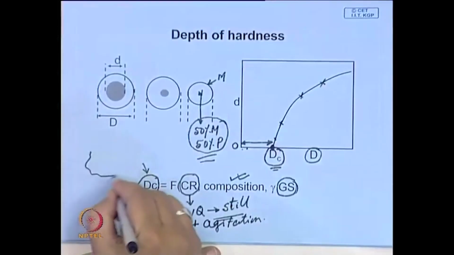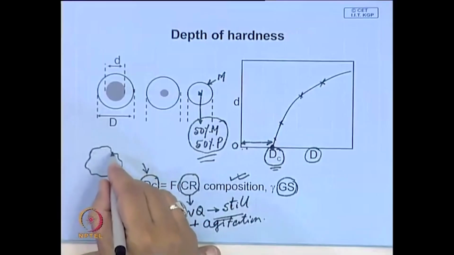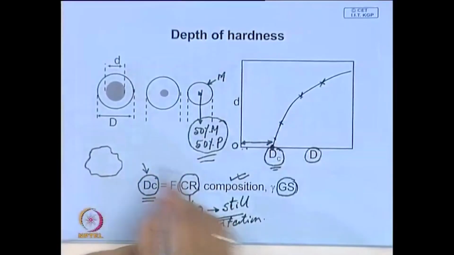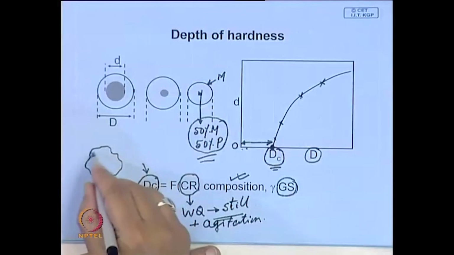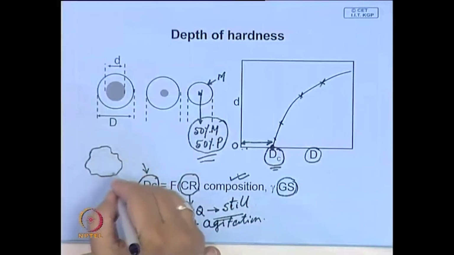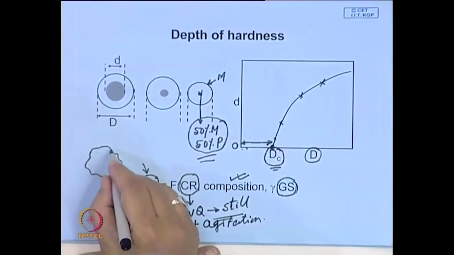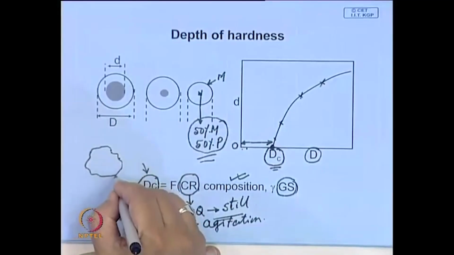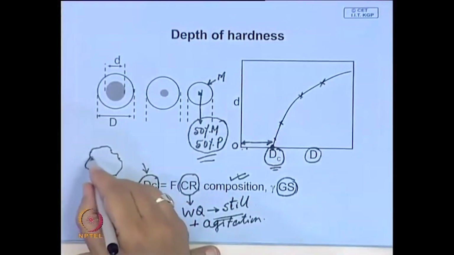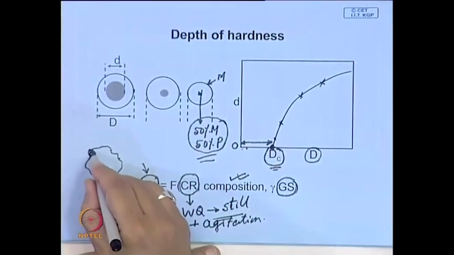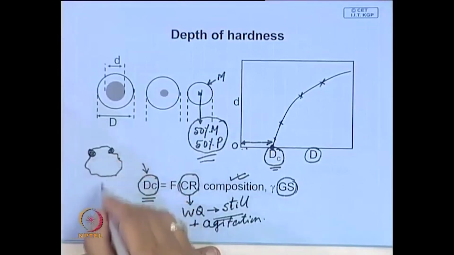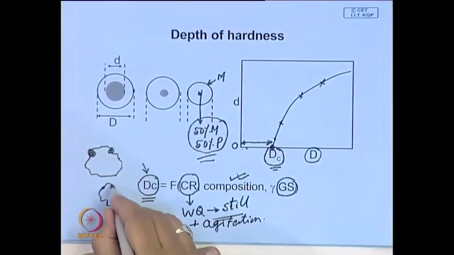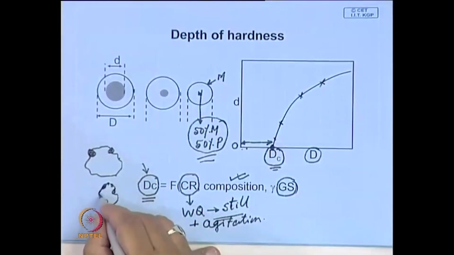If you have large grains of austenite, then to harden you have to suppress diffusion control transformation. If you have a coarse austenite grain, the sites where pearlite nodules can form are limited, they can form only here. Whereas if you have a fine austenite grain, the number of sites, the frequency of the sites, is much more.